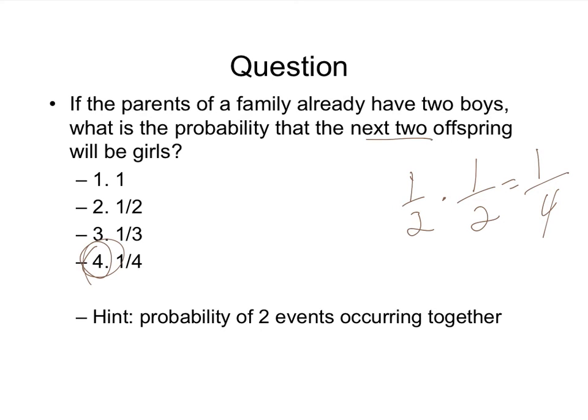They kind of tricked you on this a little bit when they said you already have 2 boys. This does not impact this, right? There's really no good way of explaining this, except to say that if they say you already have 2 boys, they're not really asking you what are the chances of getting boy, girl.